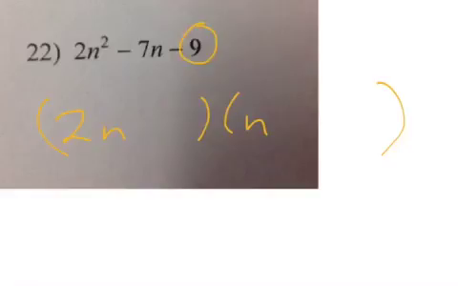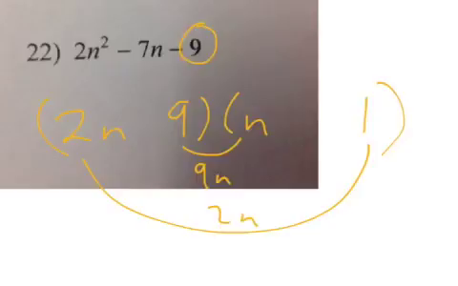So how about if we try 9 times 1? And right here, of course, I get 9n. And the 1 times 2n is 2n. I can get minus 7 now if I do plus 2 minus 9, right? So I'm just going to put a minus there because that's going to give me this minus 9.